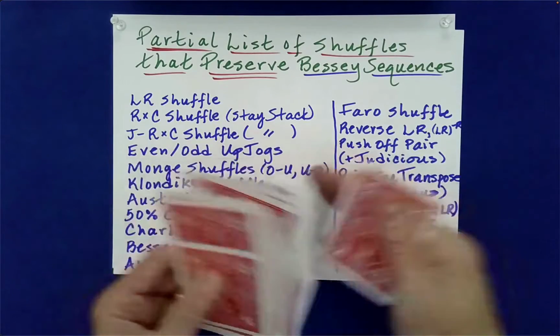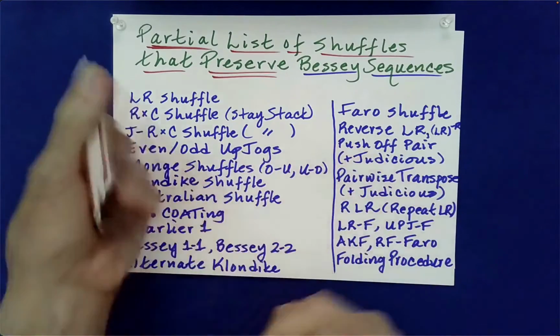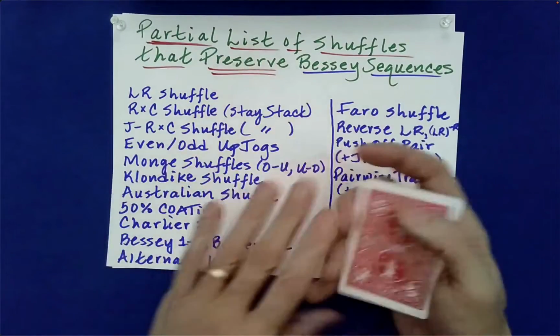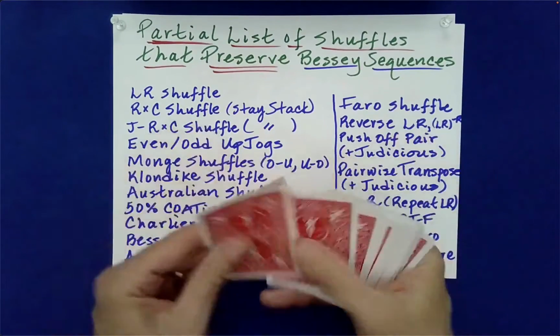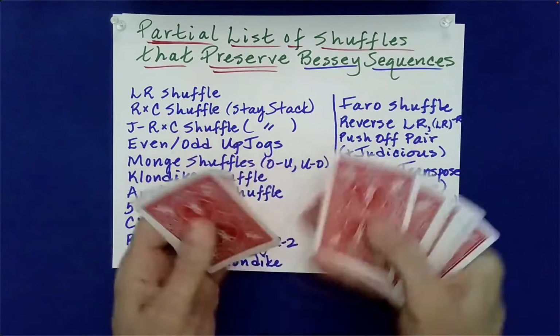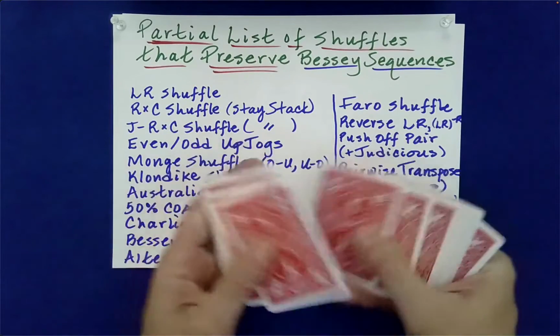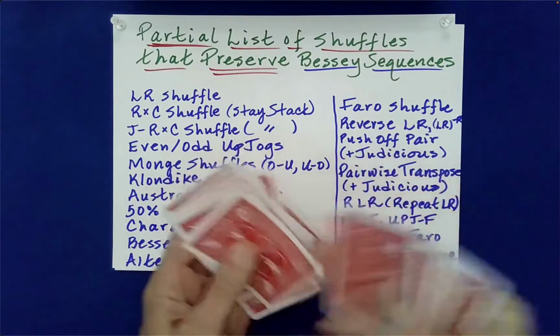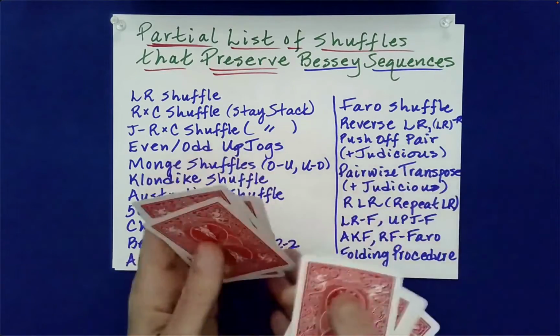So we'll strip out these even position cards. Which one do you want on top? That's just fine. We can actually do a mange, over, under, or under, over. And we can do as many of those as you like, or the spectator likes.